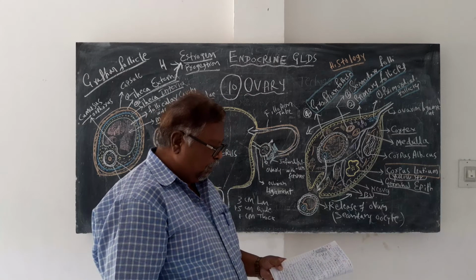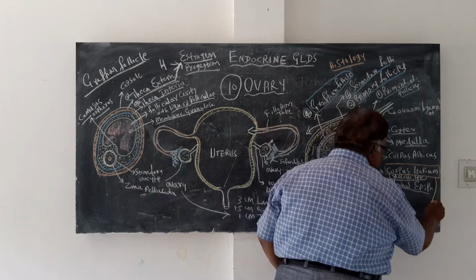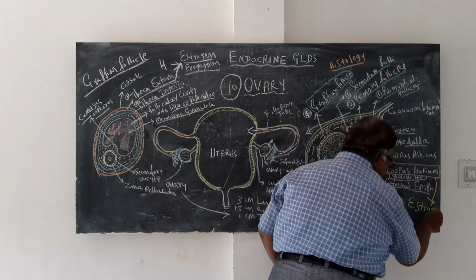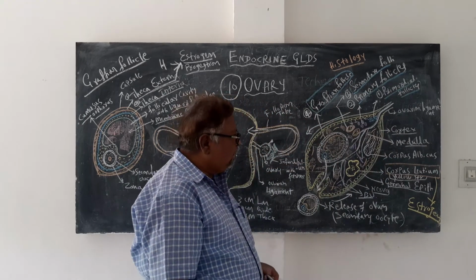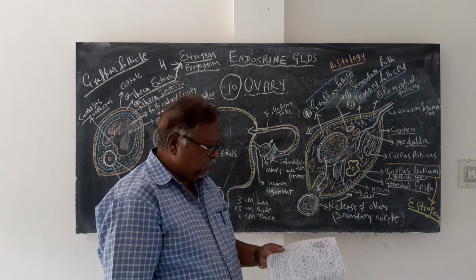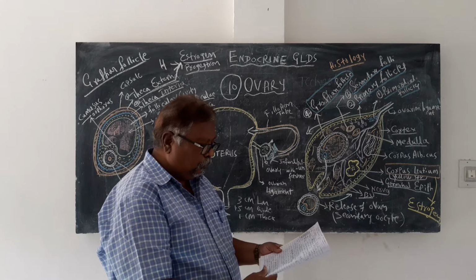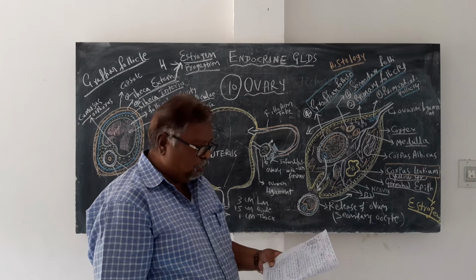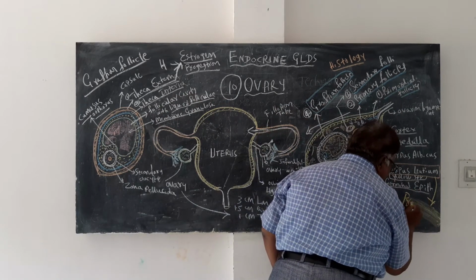It has an endocrine function. The yellow structure called corpus luteum produces progesterone, not estrogen, progesterone.